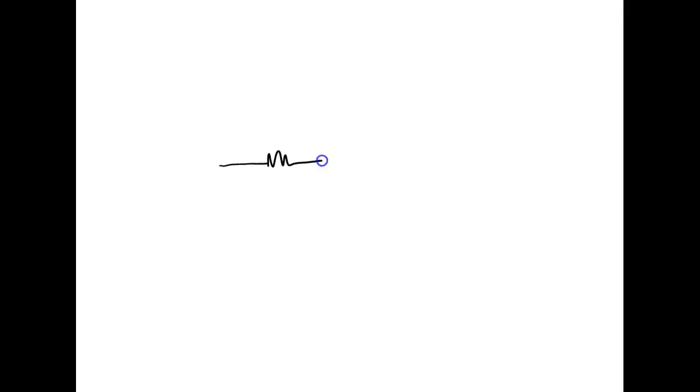I'm going to put a resistor right here for right now. Let's say I come over here and through another resistor, I connected this to like a minus some voltage.